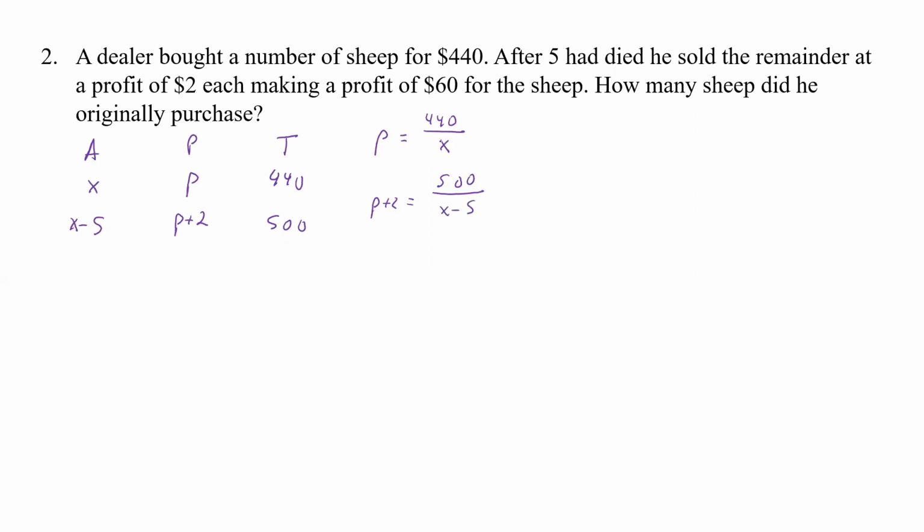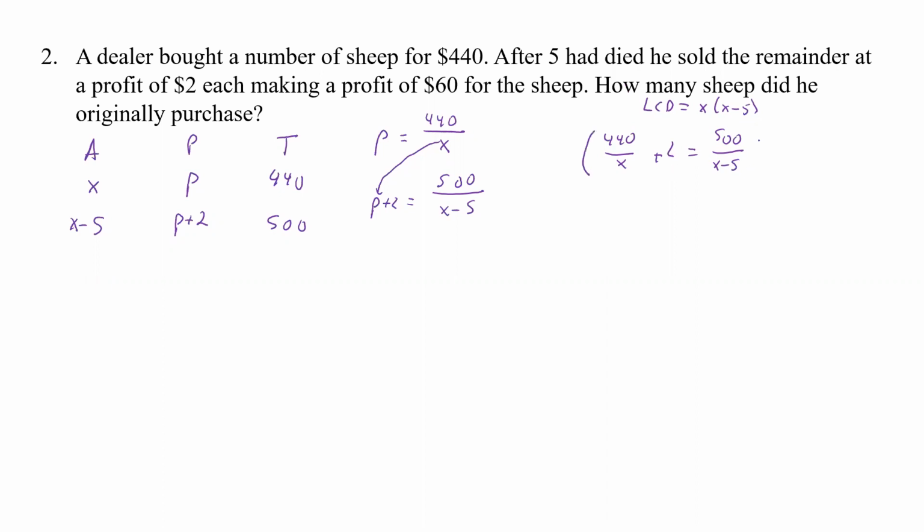Now, we can go ahead and plug that in here again, and so we'll have 440 over X plus 2 equals 500 over X minus 5. Now we have to think about our LCD again. So let's write that up here. Well, the LCD is going to be X times X minus 5, the two denominators. The 2, remember, that's just going to be 2 over 1, so we don't have to worry about that.